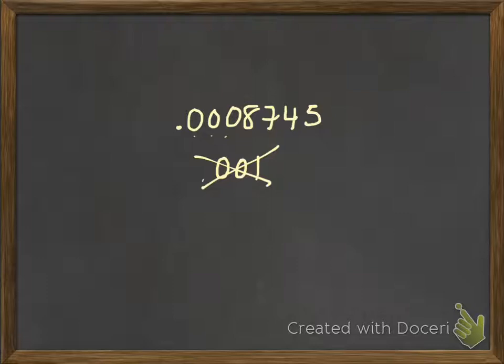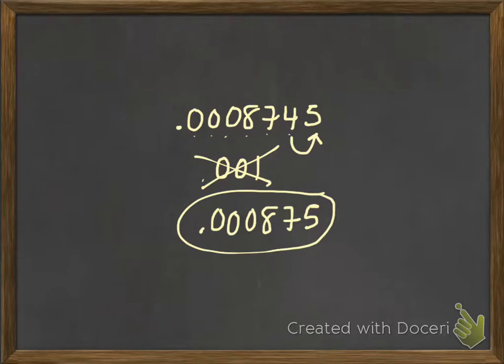No! You start counting from the first significant digit in a case like this. So you're going to start counting from the 8. 1, 2, 3. You can keep this number and you'll round that 4 based on the 5 behind it. 0.00875. That's a lot more precise than this number.